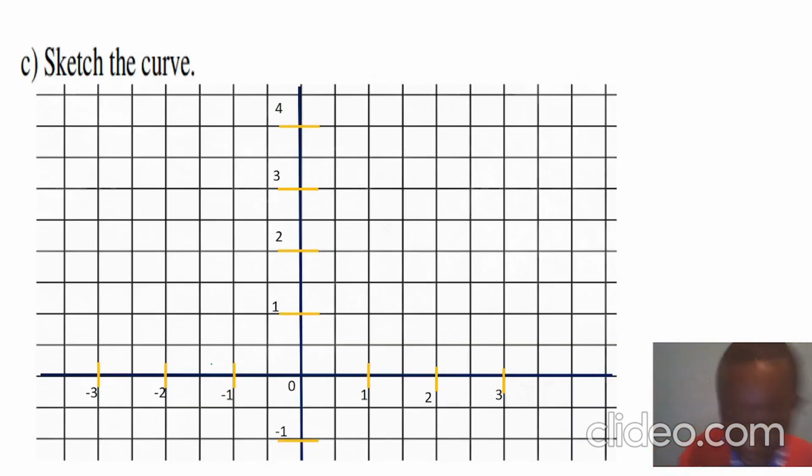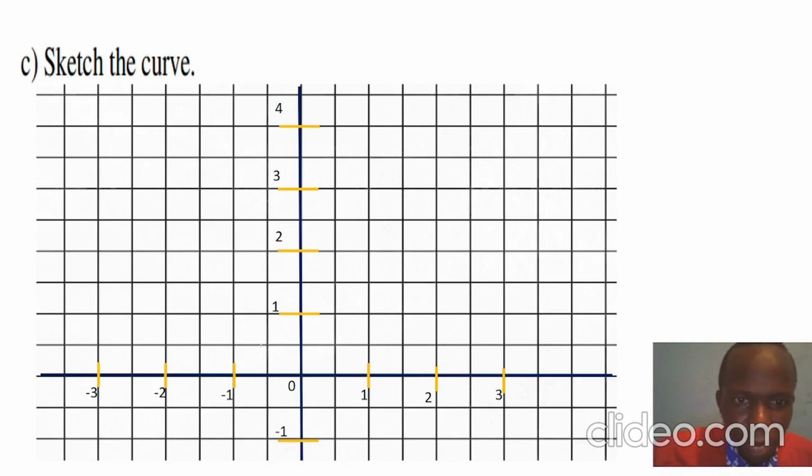Now that is our grid. Note that it is not a must for you to use a grid or a scale. We are just sketching. I've decided to use a grid for the purpose of illustration, so that you can understand. But if you're told to sketch, it is not a must to use a grid. So we are going to mark the following.